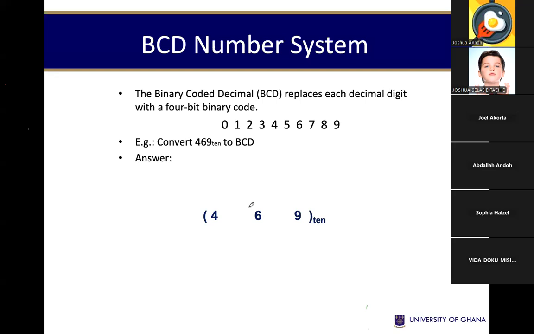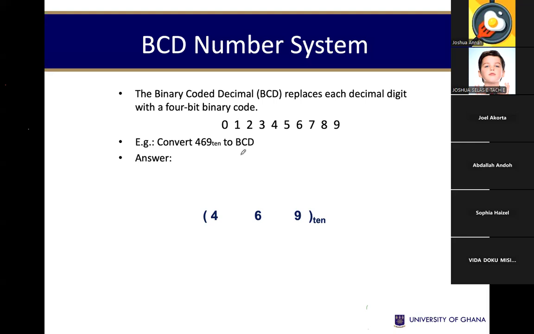It looks like a decimal, but there's a difference because in this case, I'm picking only the decimal digits, and then I am picking each of these decimal digits and finding a 4-bit, or a nibble, binary equivalent of each of them. That is it for the binary coded decimal.